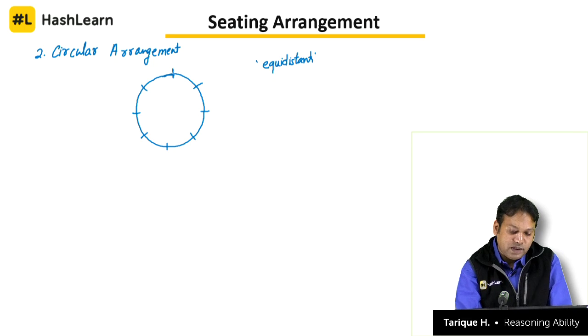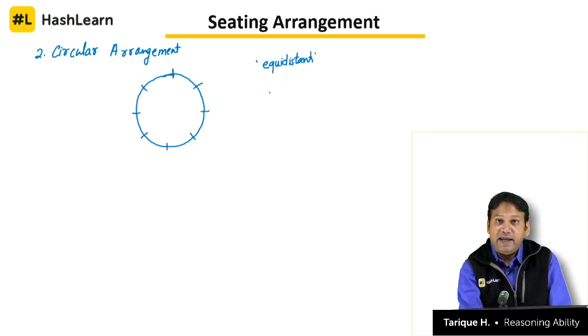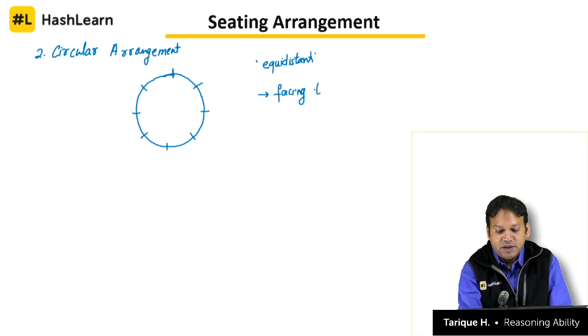The question can also have 2 scenarios. One is where they are facing towards the center. What is the meaning of facing towards the center? If someone is facing towards the center, then right will be in the anti-clockwise direction.